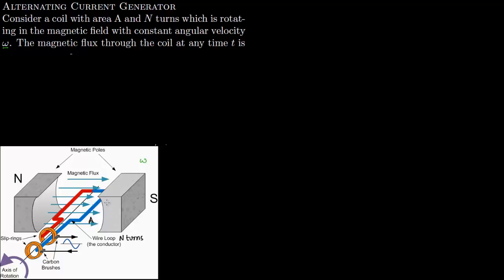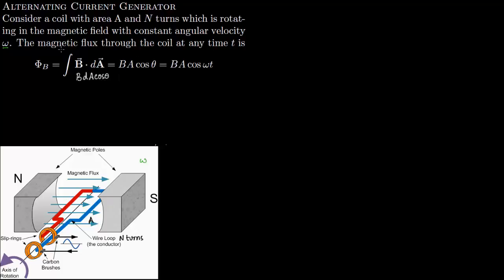So the magnetic flux through the coil at any point in time, so this flux is given as this integral of magnetic field dot product with the small area vector, and this becomes BA cos theta. You already know that this will decompose as B dA cos theta, and then you integrate over the area A and you get BA cos theta.